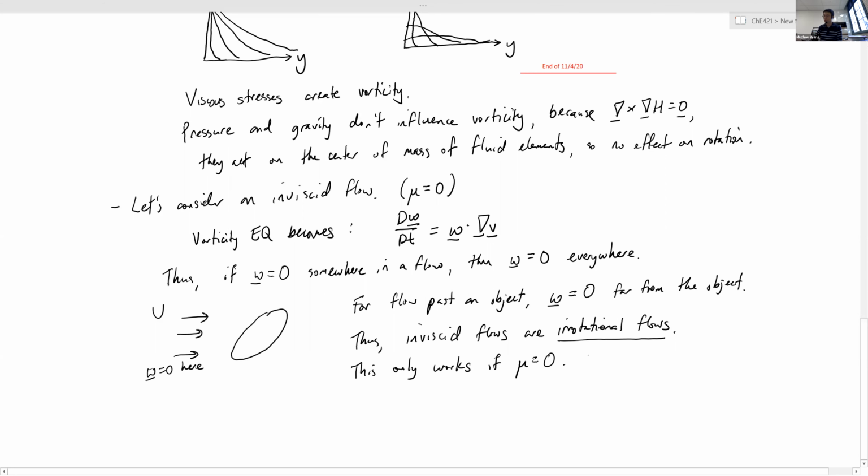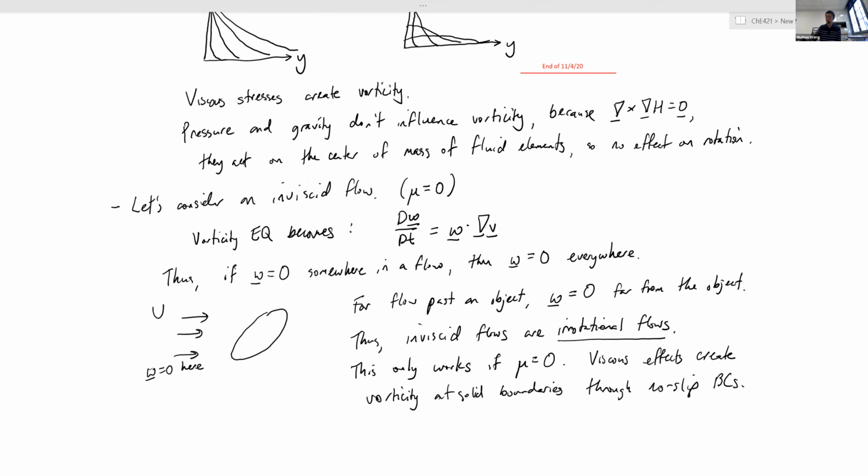In reality, as we mentioned above, viscous effects create vorticity at solid boundaries through the no-slip condition. Okay?